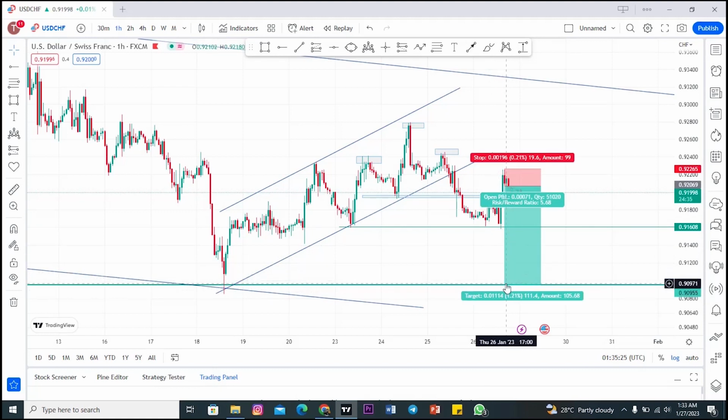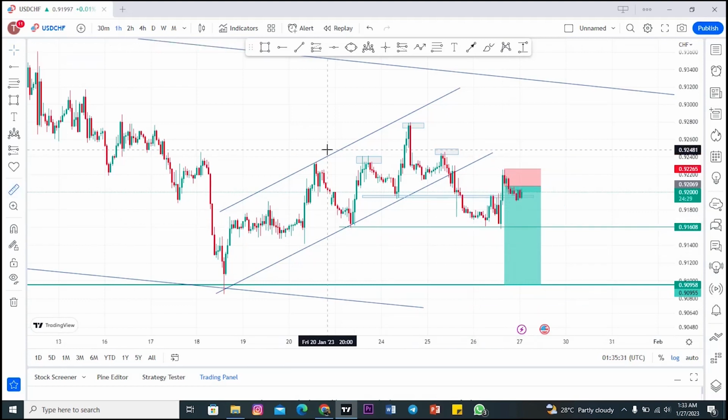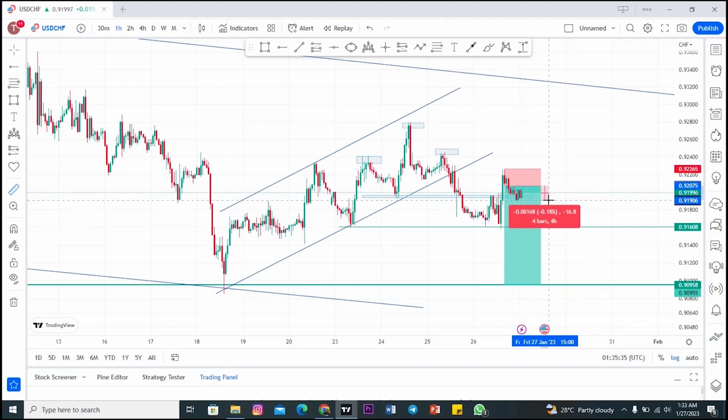Here is my overall target, and here is my first target. I am currently running 16 pips right now, and that's very good. I'm going to leave this trade overnight and see what happens tomorrow.